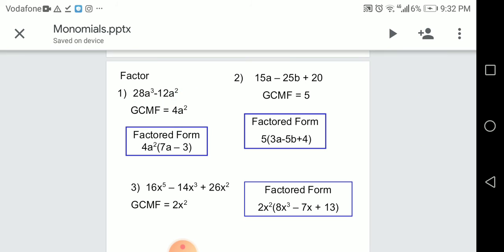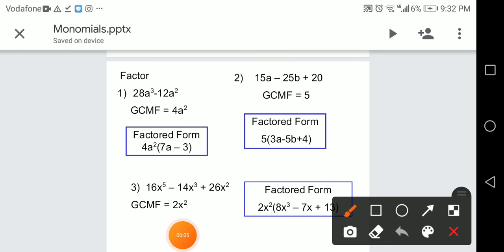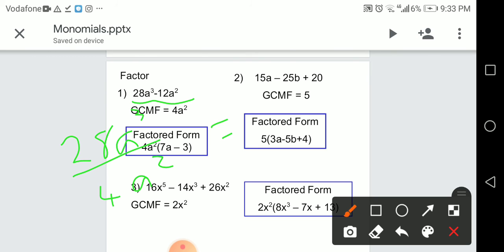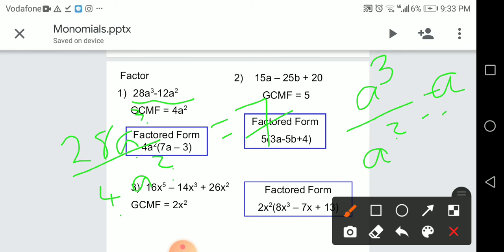Then what's the next step, Ms. Dina? I'm going to take the expression 28a to the power 3 divided by 4a to the power 2. 28 divided by 4 gives me 7. A to the power 3 divided by a to the power 2, 3 minus 2 gives me 1, so the result will be a to the power 1, which means a.